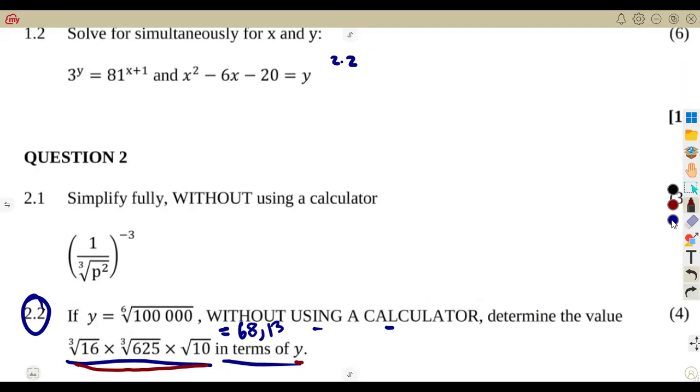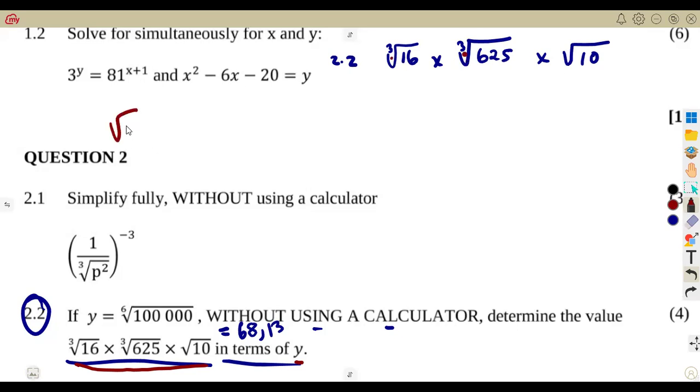They are saying the cube root of 16 times the cube root of 625 times the square root of 10. From our laws of surds, we are allowed to multiply if the roots here are the same.